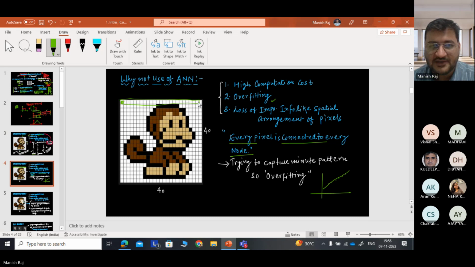From the image you take every pixel and train on that, so overfitting can be part of this system. Is everyone with me? Clear on these two things? Now we are going to the third thing.